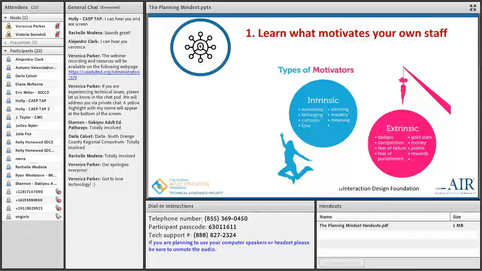I think it's really important to learn what motivates your own staff. We can have the nicest, most beautiful plan in the world, but if the staff goals and motivations are not aligned with the strategies in the plan, at some point along the way they're going to step away from the plan, work around the plan, or ignore the plan.